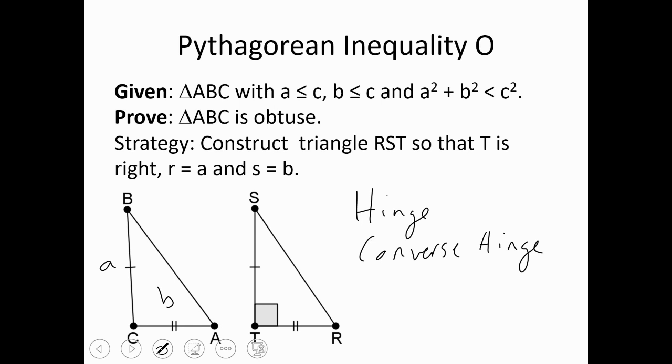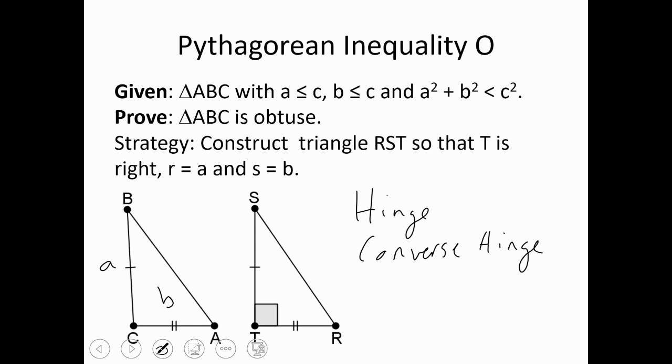And converse hinge says that, once again, if you've got two triangles with two sides of one equal to two sides of the other, and one has a greater third side than the other, then the one with the greater third side has the greater included angle. Now, for both of these theorems, you'll use either hinge or converse hinge in the proof. And let's think just a little bit about this one, the Pythagorean inequality O. Which one would we use?